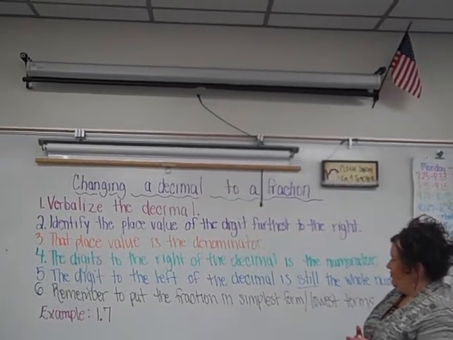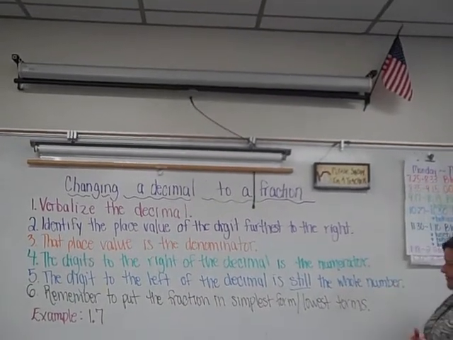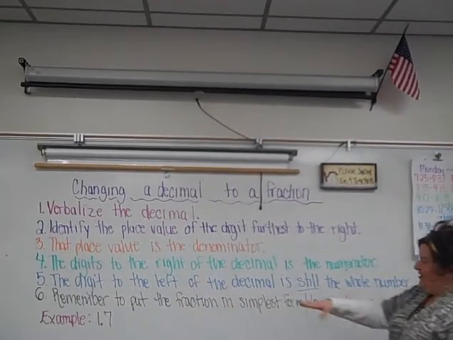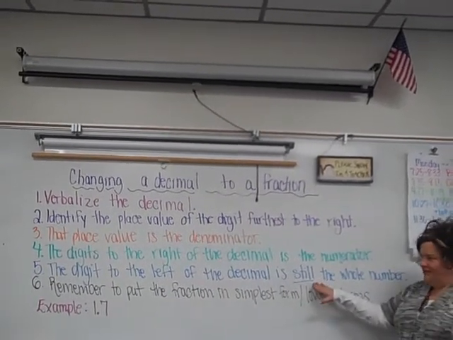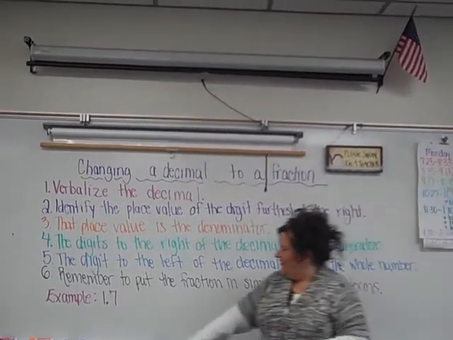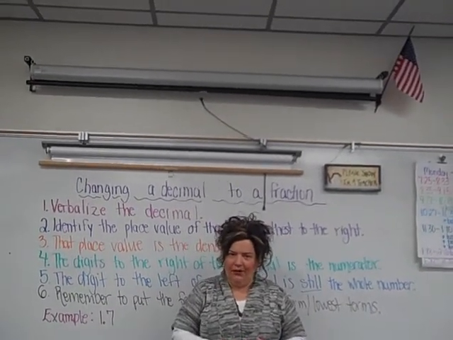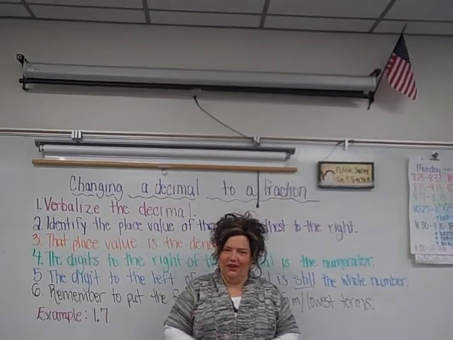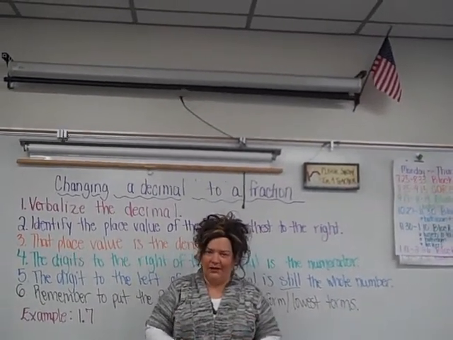The digits to the right of the decimal are considered the numerator. The digit to the left of the decimal is still the whole number. Just like in the decimal form, 1 is our whole number. That will stay as our whole number when we change it to a mixed fraction or a mixed number.